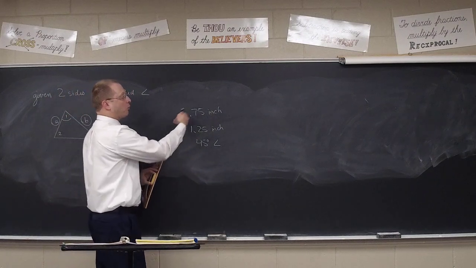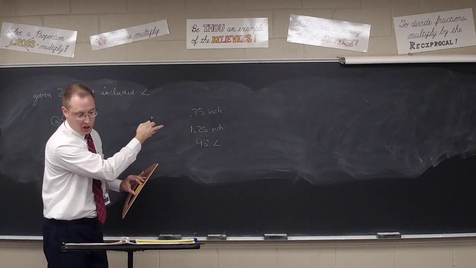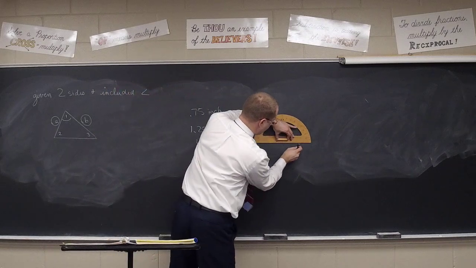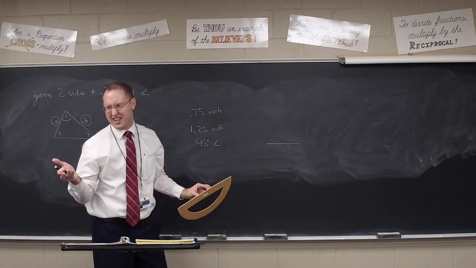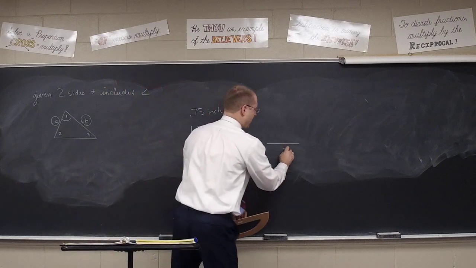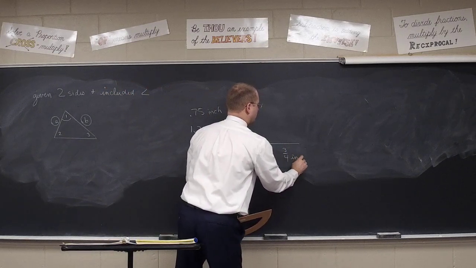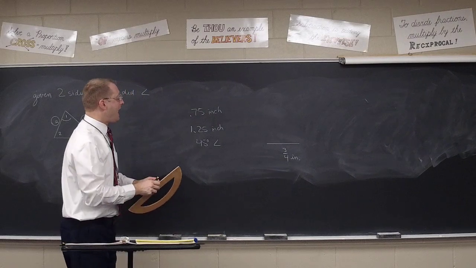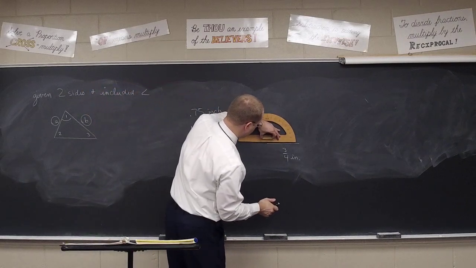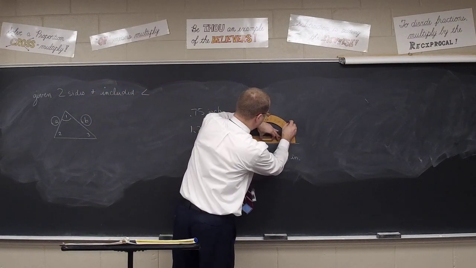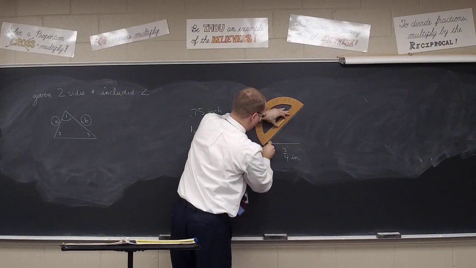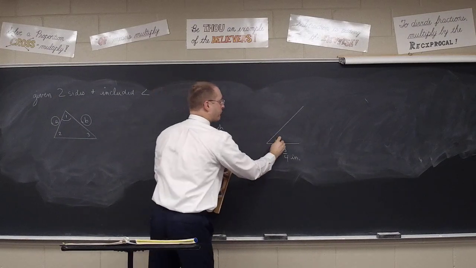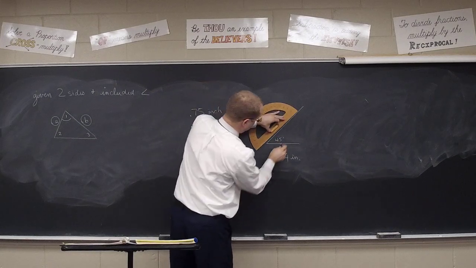They started by drawing one of their two sides. I believe they started by drawing the 0.75 inches. Which 0.75, class, what is that? 3/4, right? So as you're looking at your ruler, the 3/4 of an inch. And then they made a 45-degree angle. And then they measured off the 1.25 inches.